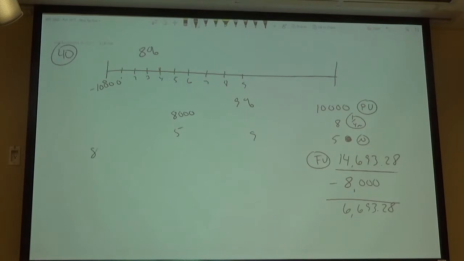Okay. So now what we've got is we have 8,000 that's going to be invested for 6, 7, 8, 9, 4 years at 9%.